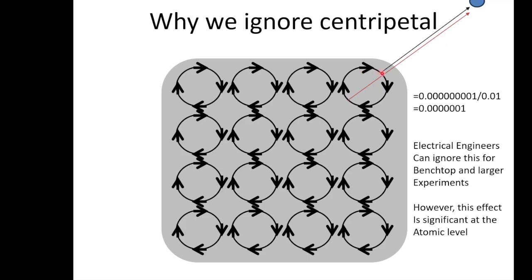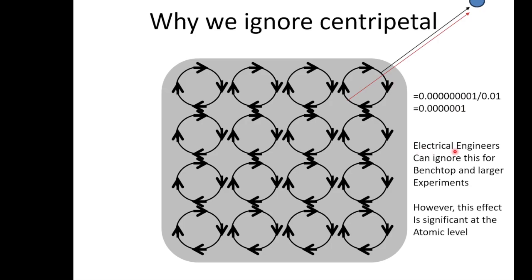Whereas the difference in distance between this side of the loop and this side of the loop is measured in nanometers. So if we take a nanometer and divide it by a centimeter, the difference between these two forces is too small that we couldn't even measure the effect of these orbitals on this other charge.